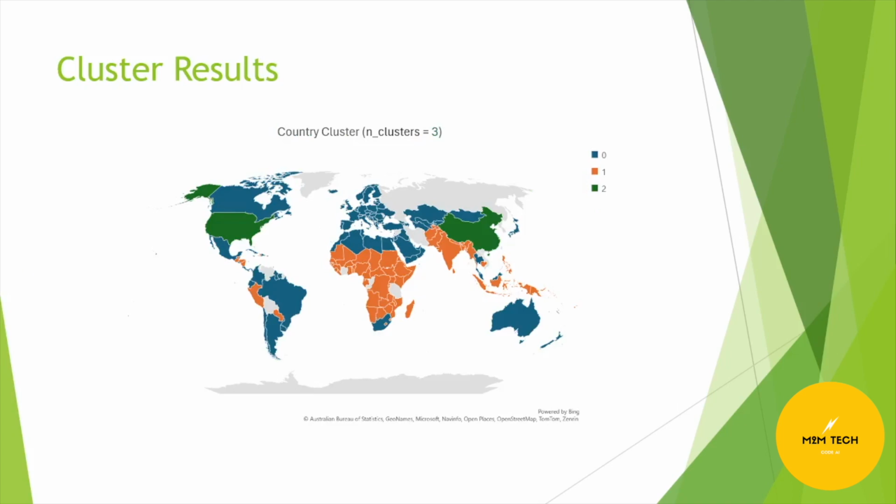And so I used just a visualization on the globe here. And so in our results, China and the US are clustered together. And then most of Africa, some of the Middle East, South Asia, 2 South American countries, and 3 Central American countries are clustered together.